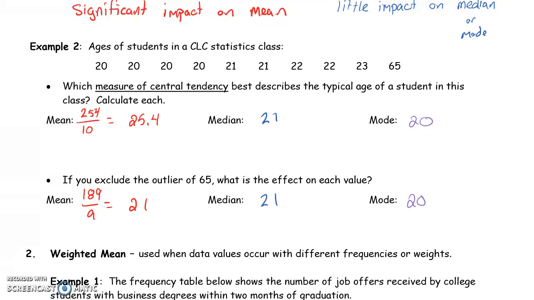So the summary here is that an outlier has a much bigger impact on the mean than it does on the median or the mode. In the next video, we're going to move on and take a look at what a weighted mean looks like. So go ahead and switch over to our second video.